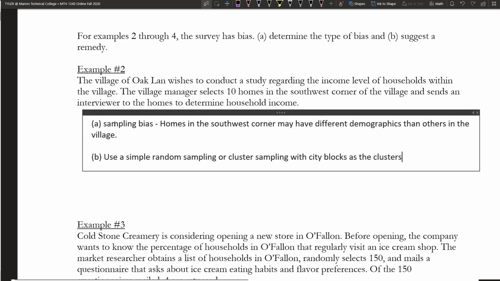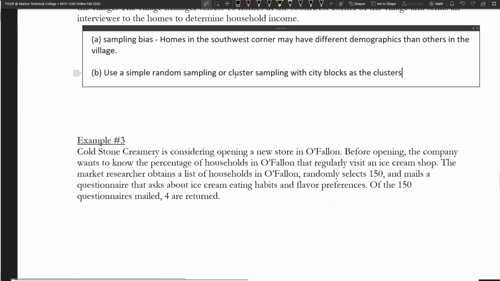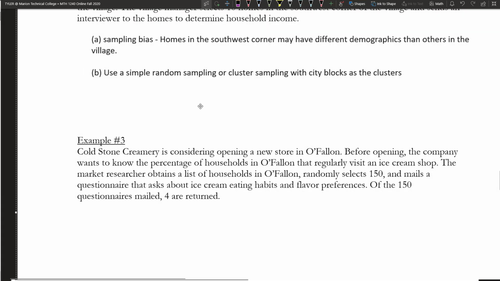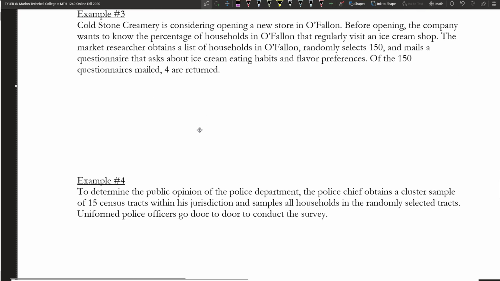Either one of those, right? And we've talked about those sampling methods, but using one of those sampling methods I think makes sense. And naturally, a very classic example of cluster sampling is where you have things split up in city blocks, right?